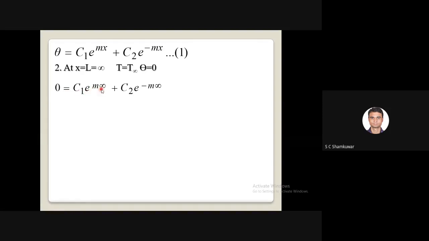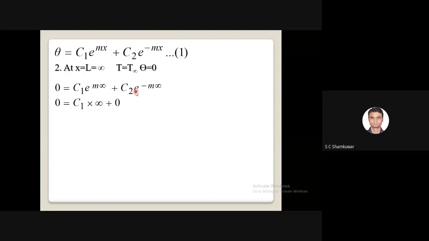0 is equal to C1 e to the power m infinity plus C2 e to the power minus m infinity. Now, C2 e to the power minus infinity: e to the power minus infinity means 0.